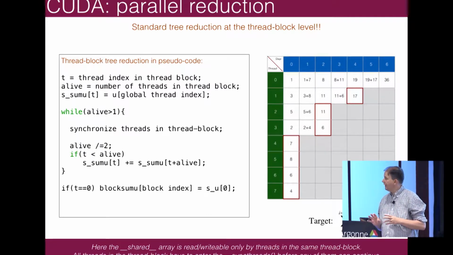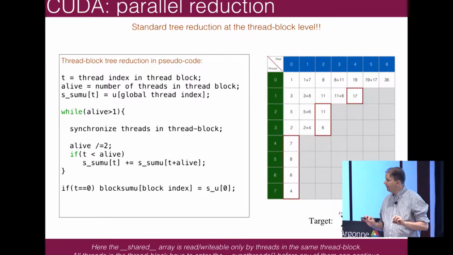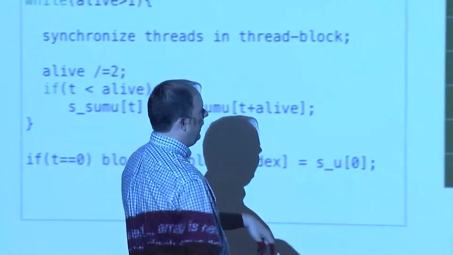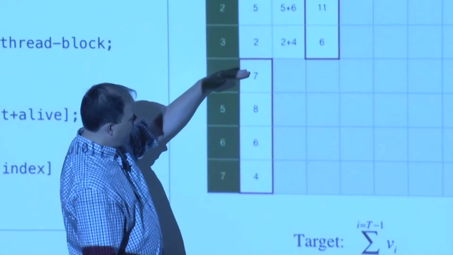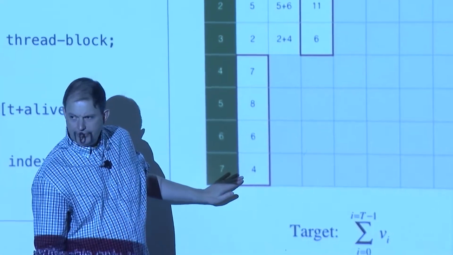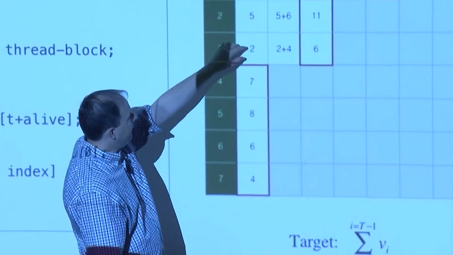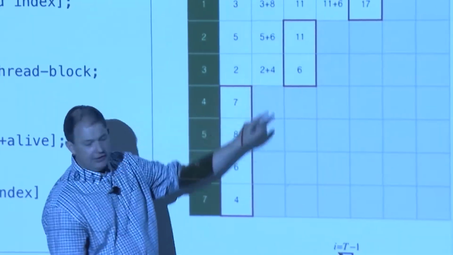Remember, each core has its own shared memory space, which is visible and accessible to all threads in a thread block. So they use a scratch pad, a coherent scratch pad, and in this case, I've got 8 threads. They're going to load 8 values, and then I'm going to turn off 4 of the threads with an if statement, and then let the first 4 do the first part of the addition.